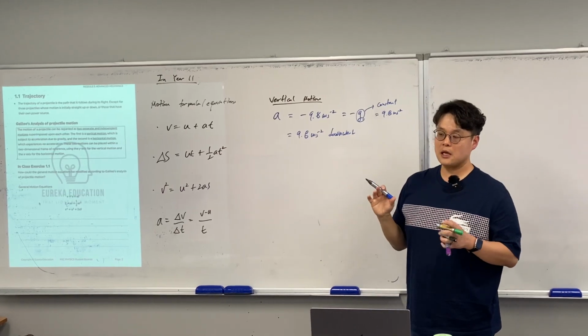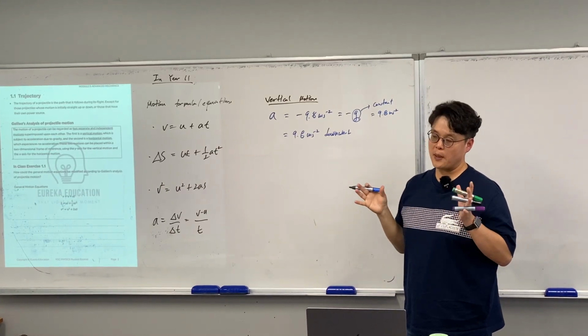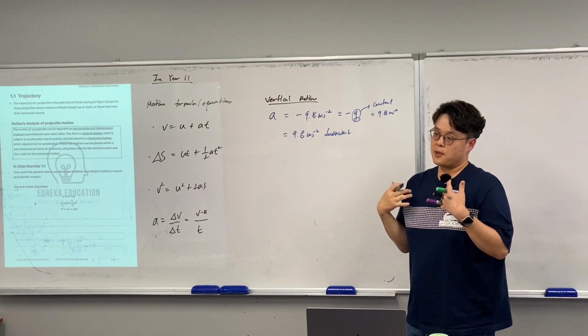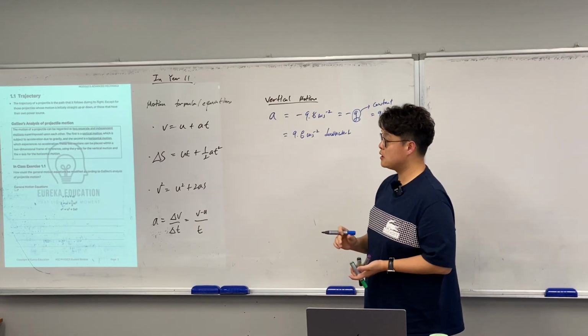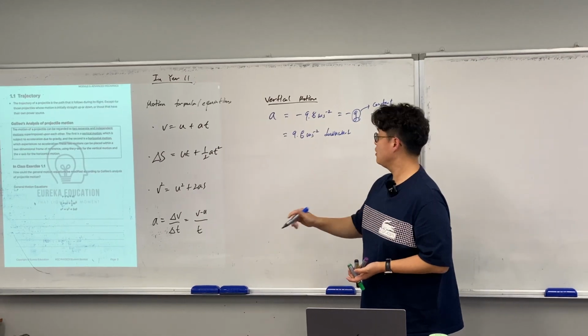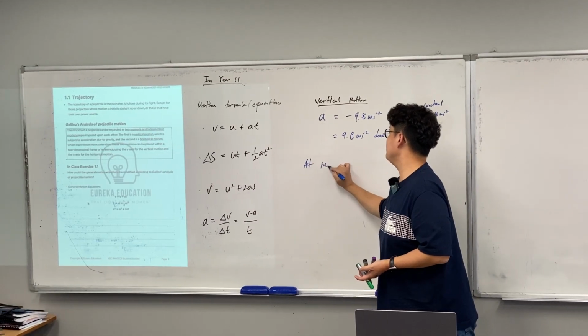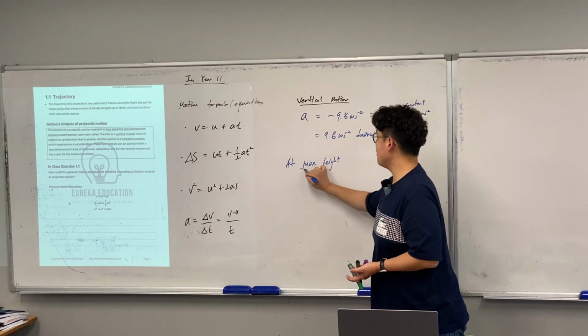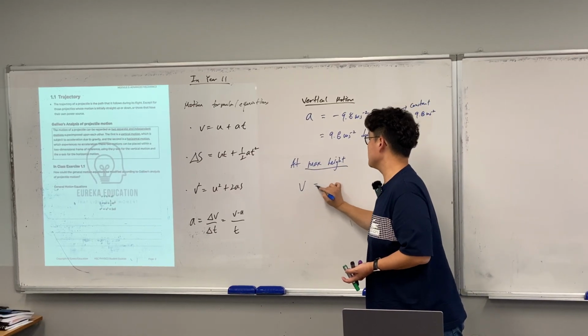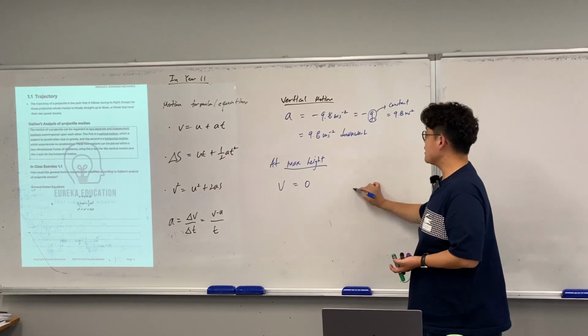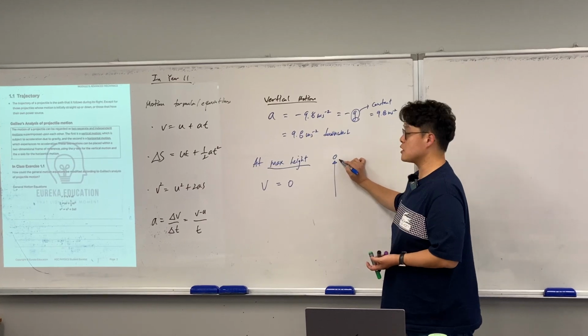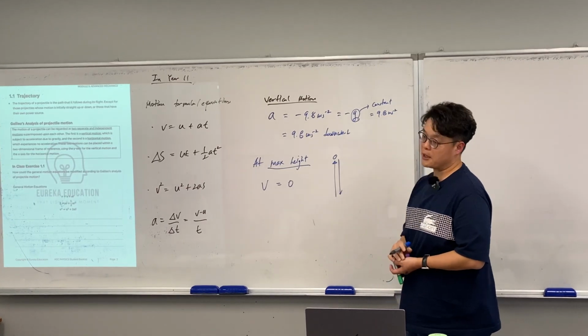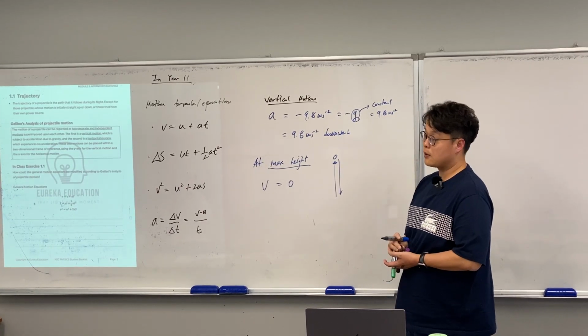Anything else? This is information that is hidden, but can also be given from vertical motions. At maximum height, the final velocity is 0. Good. At the maximum height, we know the final velocity is 0, because when something goes up, it looks like it stops and then comes downwards.